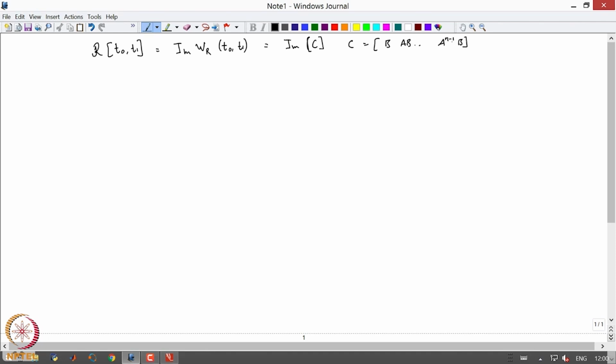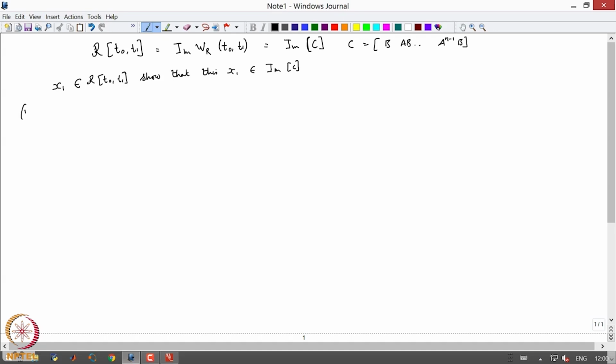So, we follow the same philosophy for the proof, right. Let us first begin by assuming that there is an x1 in the reachable subspace, and we show that this x1 also belongs to the image of C, and then we will do the reverse. Okay. So, we will do this first.